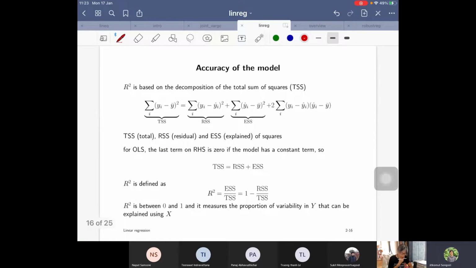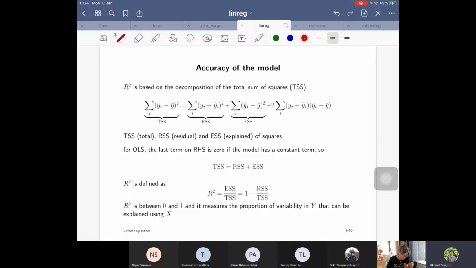Once you have solved the linear regression, of course, you need to examine the accuracy of the model. One of the indicators to measure that is R square. R square is a quantity based on the total sum of squares decomposition.